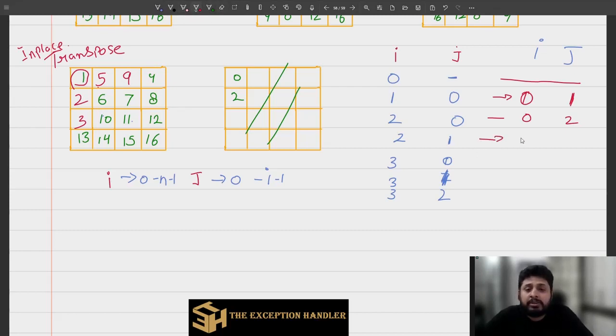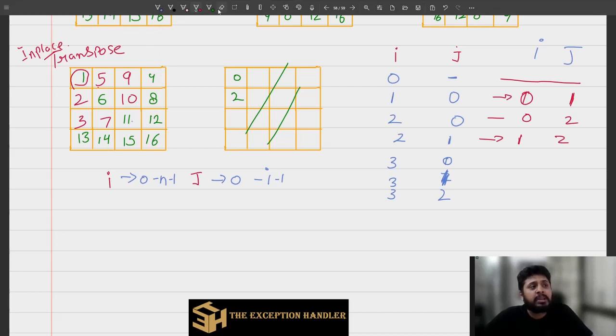Now 2 comma 1 means it would be swapped with 1 comma 2. So let's swap 2 comma 1 with 1 comma 2. So over here this would result in 7 over here and 10 over here.